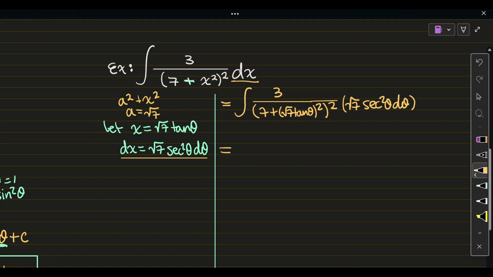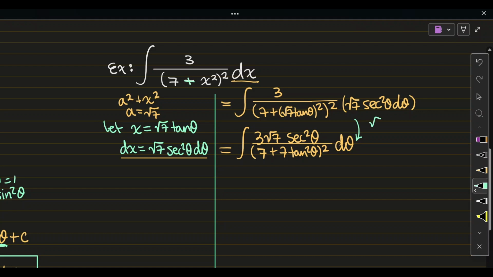Okay, rewriting here, I get the integral of 3 times the square root of 7 secant squared theta over 7 plus the square root of 7 tan theta squared is going to be 7 tan squared theta squared, and then d theta.